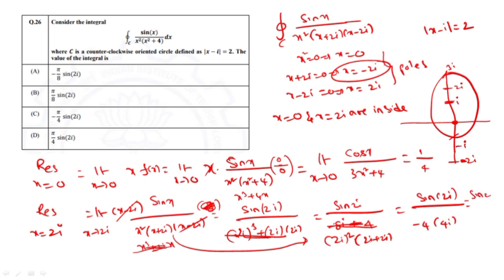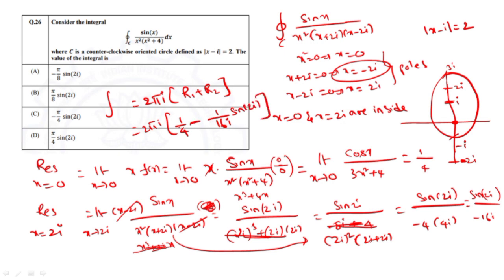Sin 2i by 16i, minus 16i, okay. So the integral of this, by using residue formula, is 2 pi i into residue 1 plus residue 2. 2 pi i into 1 by 4 minus 1 by 16i into sin 2i.